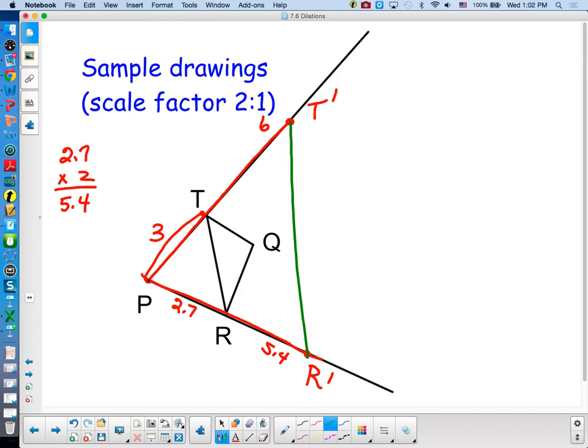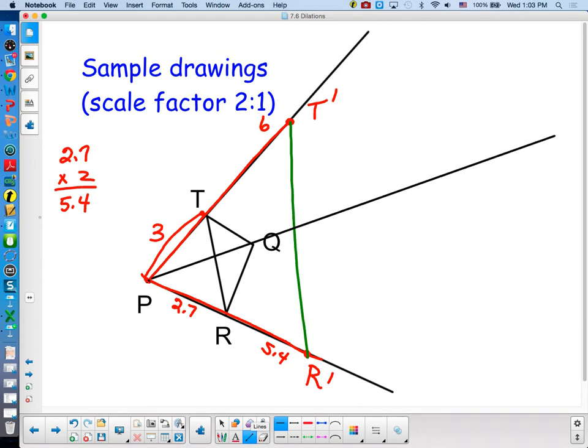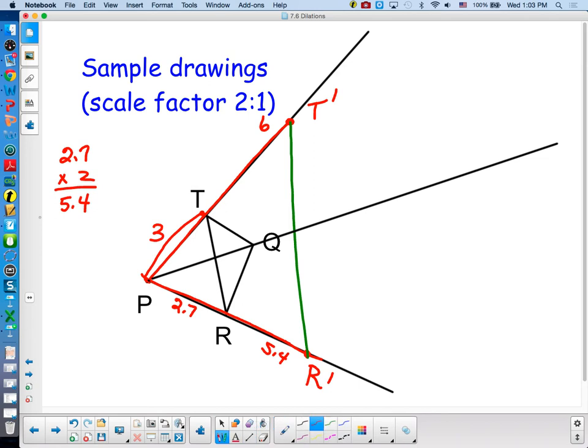So what point do we still need? Q. Okay, so draw your line from P through Q. We go through Q. What are you going to measure? From P to Q, how far is PQ? Then we're going to double it.